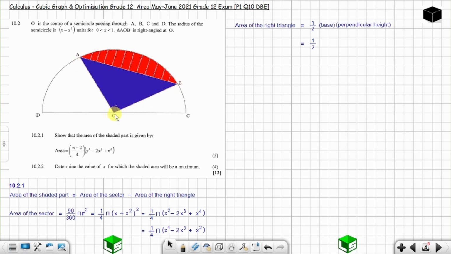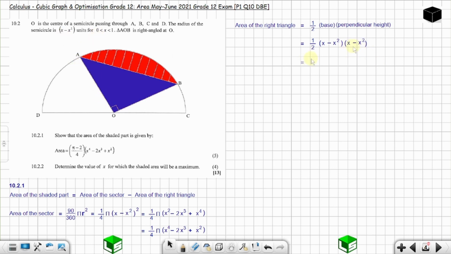You can see this is a radius and this is also a radius. So your base is the radius, and your perpendicular height is still the radius.